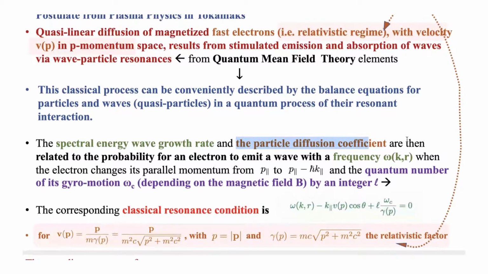And so they are related to the probability of an electron to emit a wave with a frequency ω_k(r), where r is space, when the electron changes its parallel momentum from p parallel to p parallel minus a small deviation with respect to k parallel.